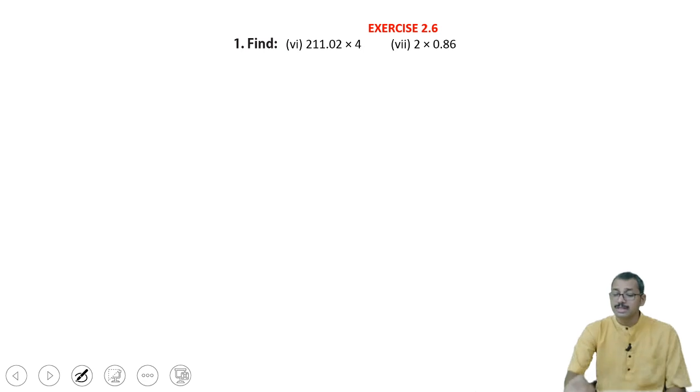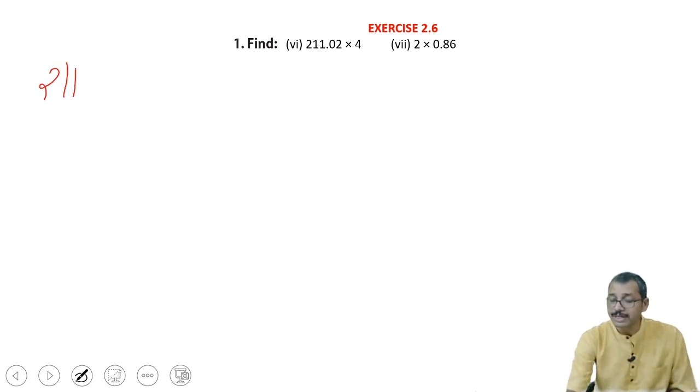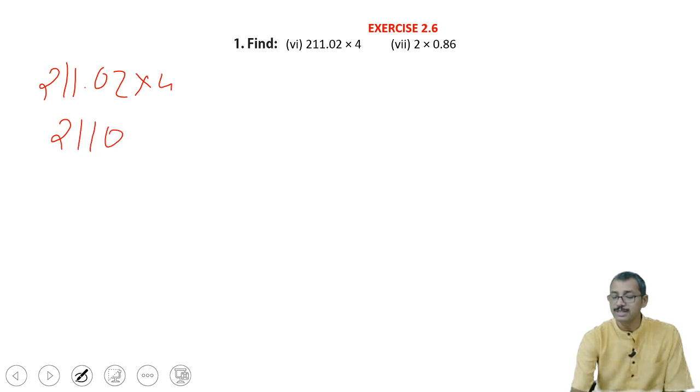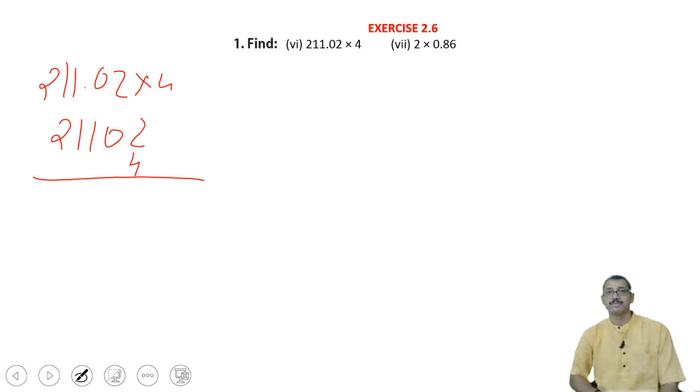Okay, here it is, look. It is 211.02 into 4. Now here also what you have to do? 21102, by removing the point, you have to multiply. Don't worry about the point here, why I am multiplying.